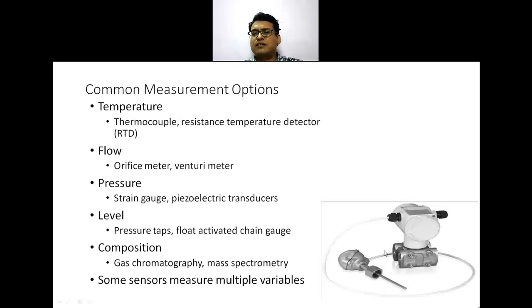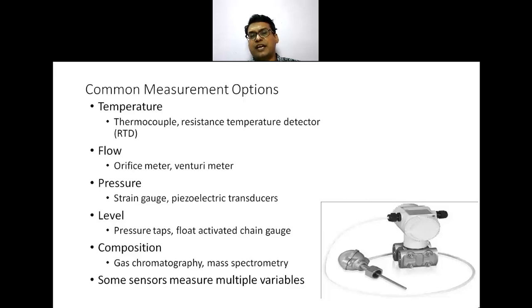So this is a temperature probe and this is your temperature transmitter. It sends this signal into the control room. For temperature, there is a thermocouple or a resistance temperature detector, RTD. Then for flow, an orifice meter or venturi meter is there.